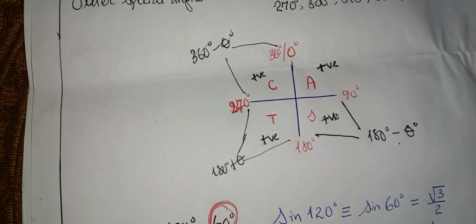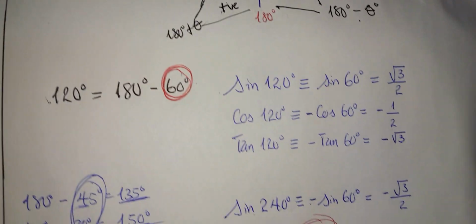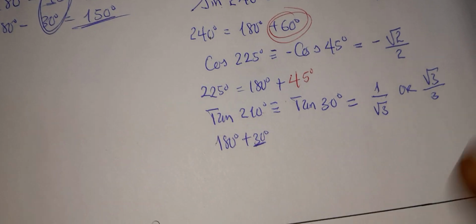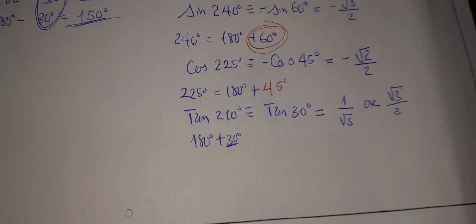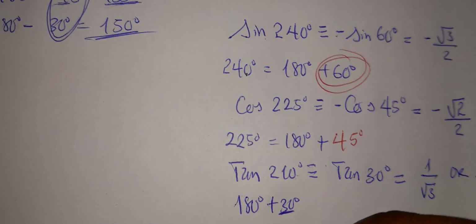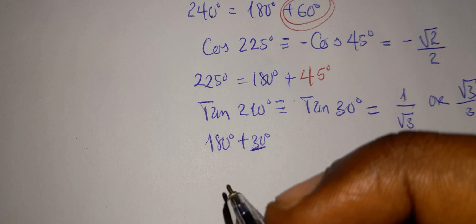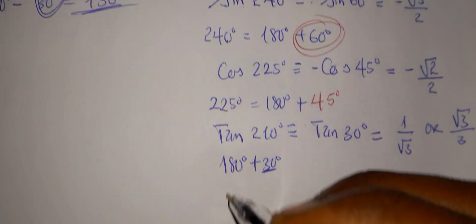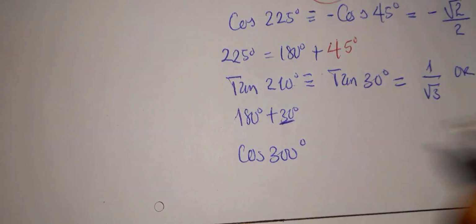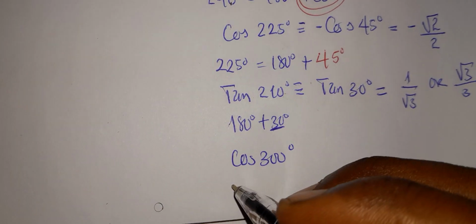So if you have any question, just drop it. Okay, let me just do one more for the last quadrant. So what is, let's see, which one should we pick now? What is cos 300 degree? How do I write 300?